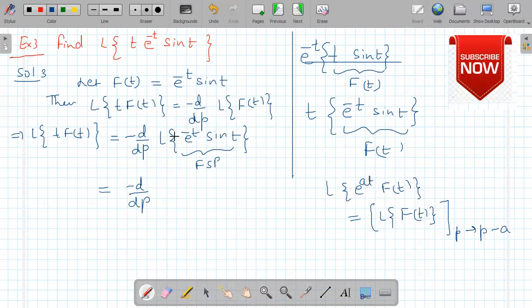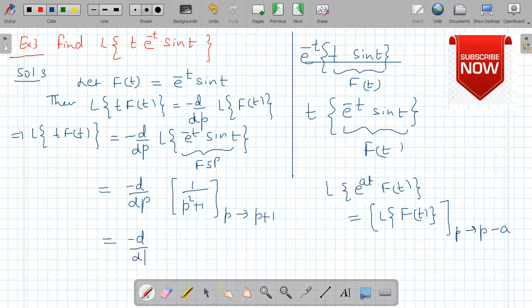Okay, so here Laplace transform of sin t is 1 upon p square plus 1, and p is replaced by p plus 1 because of the negative sign here.